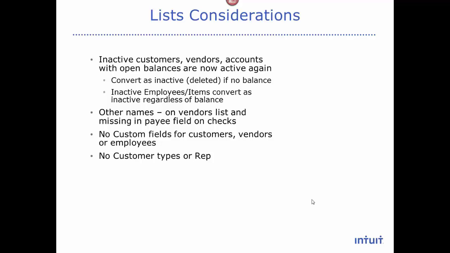Other names, there's no other names listed in QBO, so those will be on the vendor list. There's no custom fields for names or items in QuickBooks Online. There's just 3 custom fields on a purchase order or sales receipt estimate invoice, so your sales form. And then no real customer types or sales rep. However, sales rep will come over in one of the sales custom fields. I think it's either the first one or second, the name of the sales rep.